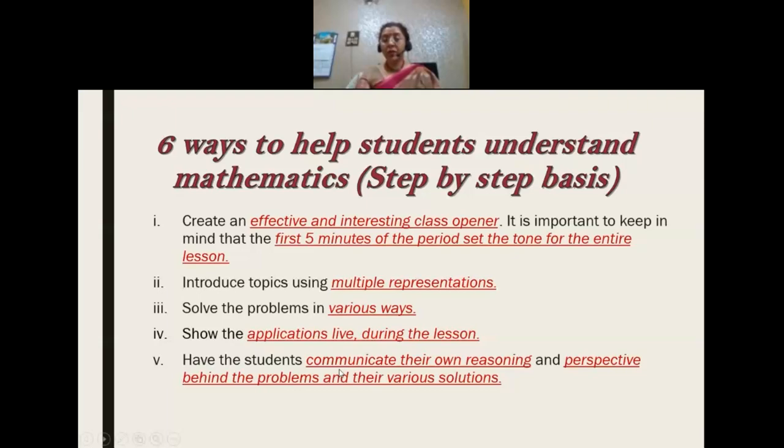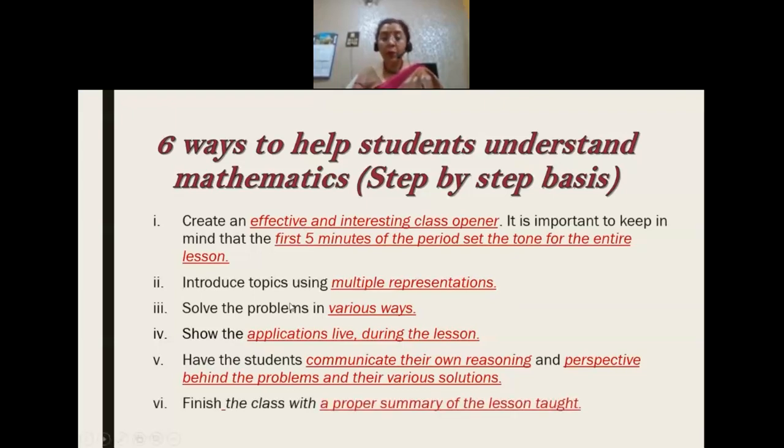Ask the students to communicate their own reasoning. Repeatedly, I'm saying to communicate their own reasoning. Then only the subject can be more interesting. And finish the class with a proper summary of the lesson taught.